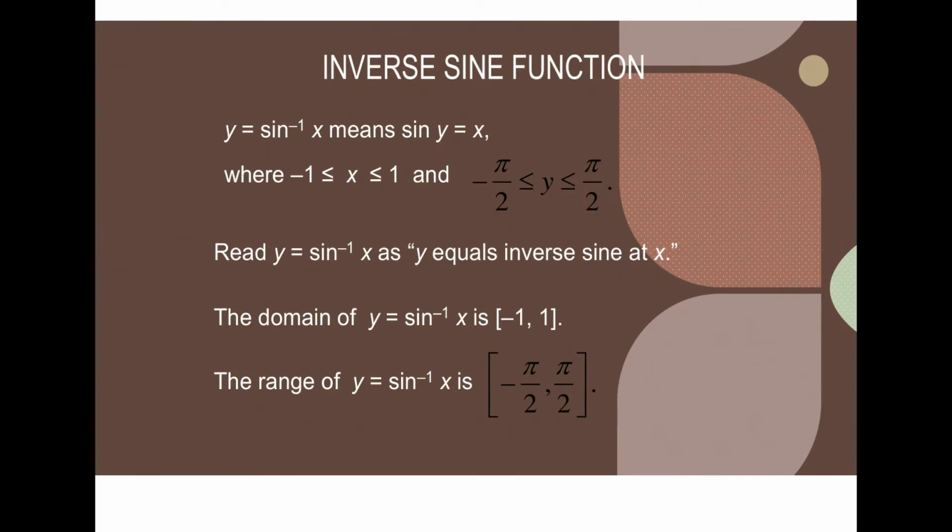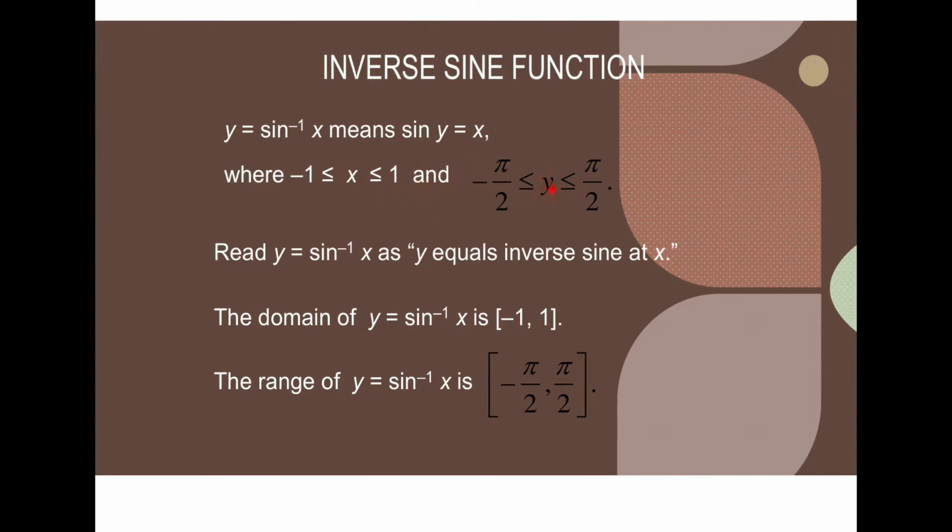Notation-wise, here's how we can denote the arcsine or the inverse sine function. Sine inverse of x means the sine of y will equal x. My inputs, x, as we saw on the previous slide, go from negative 1 to positive 1. So that's my new domain.